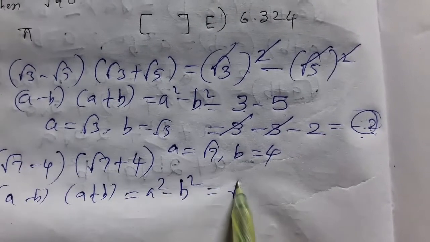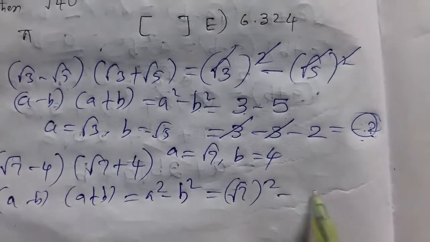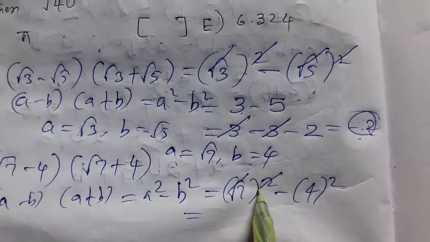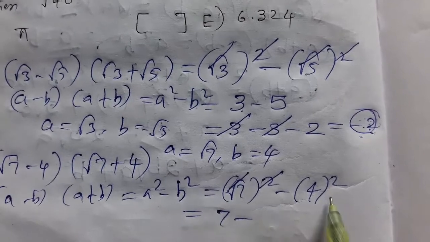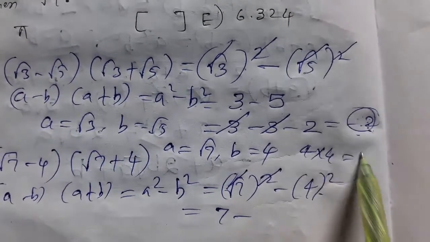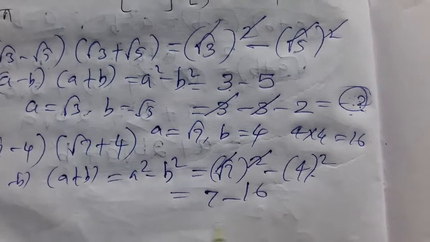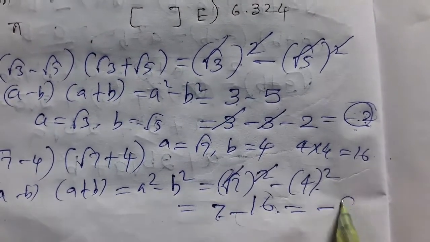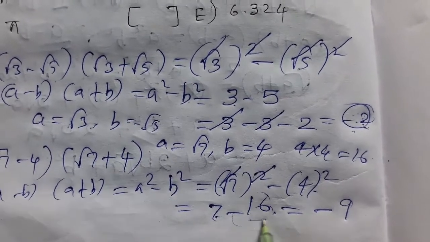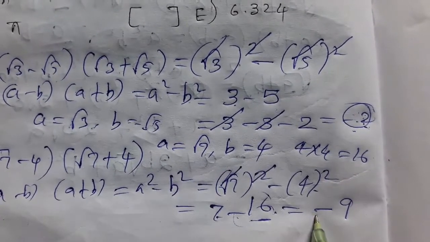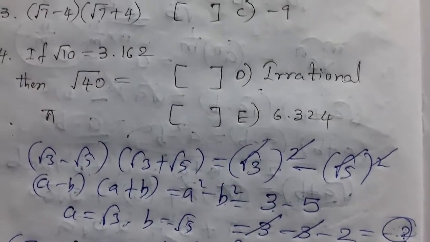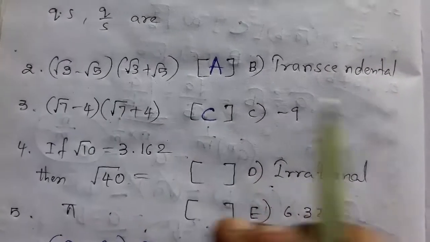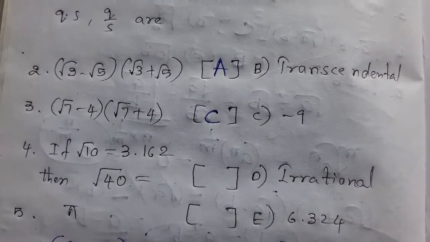So a square minus b square: the root and square cancel, so 7 minus 4 square, which is 4 into 4, 16. That means 7 minus 16, which is minus 9, because the bigger value has the negative sign. So Option C is the right answer. The third one is C.